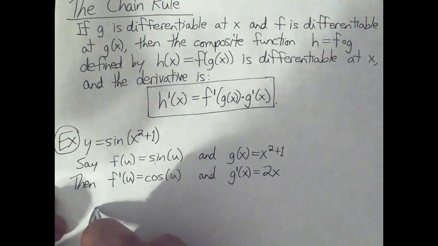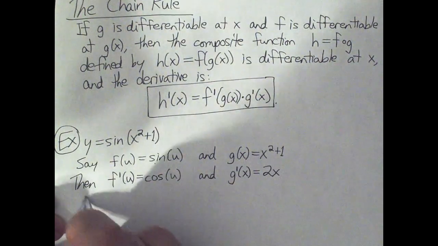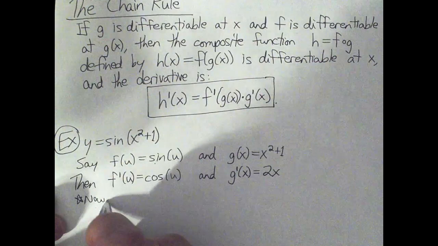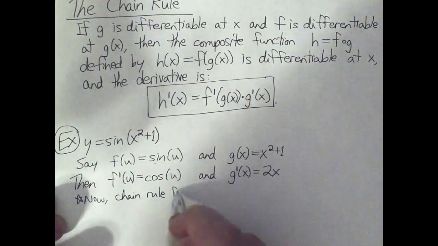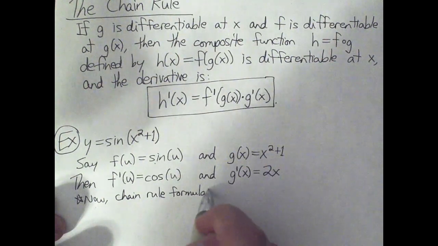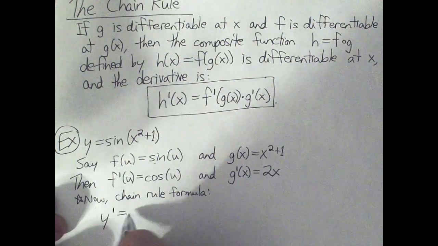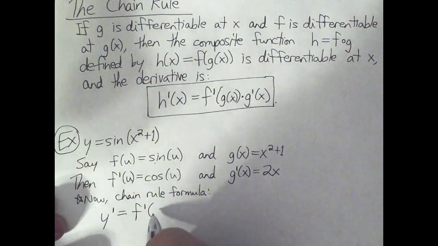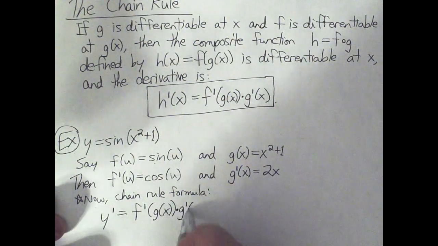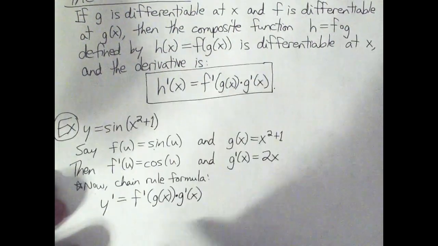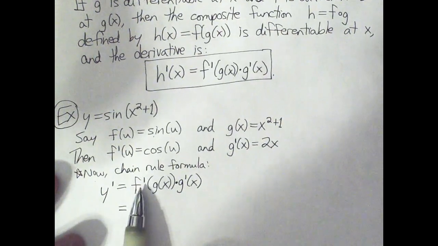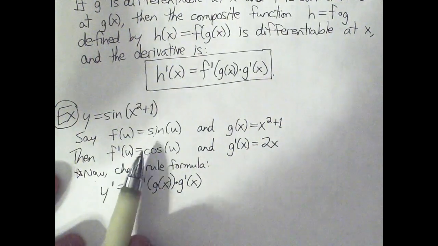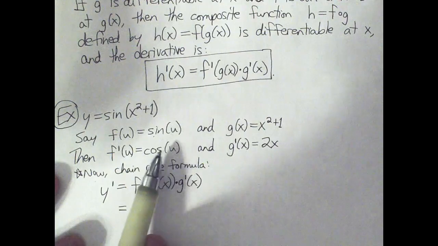So let's use the chain rule formula. Now we have all of the pieces that we need. The chain rule formula says y prime is supposed to be f prime of g of x times g prime of x. So what does that look like for this problem? Well, f prime of u is cosine of u.